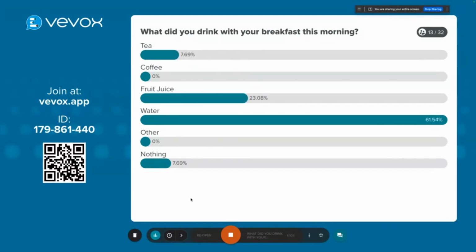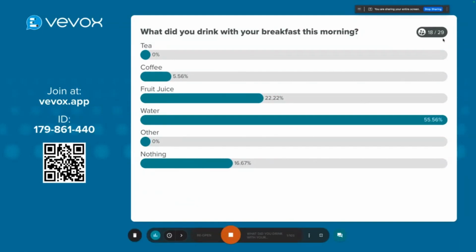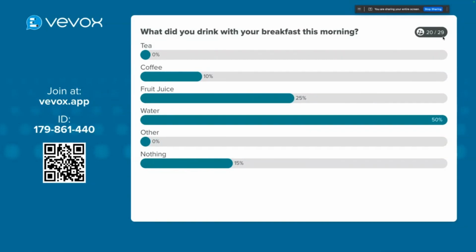I can see that it's working, which is very nice. You can interactively see how many people are connected to it. There's 32 of you or so, and you're all telling us what you had for breakfast. Nice to see it all working. Okay, not many coffee drinkers. Surprising.